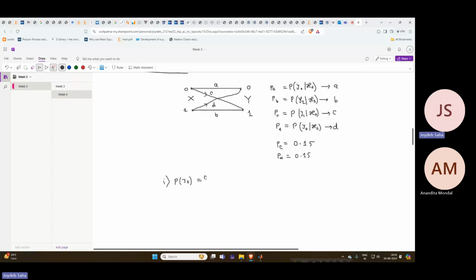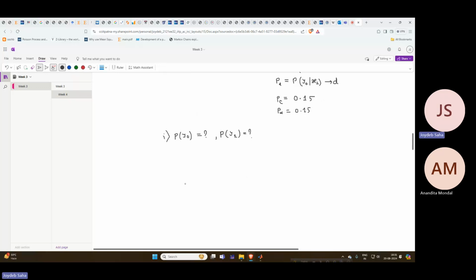What is probability of y0 and what is probability of y1? This is the first question.